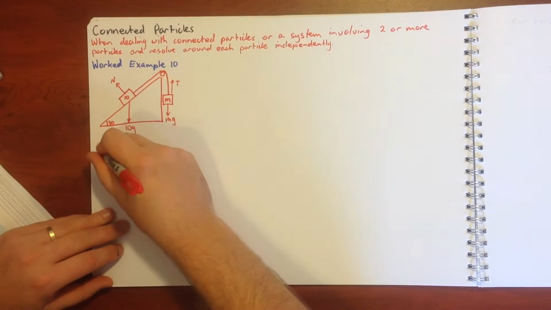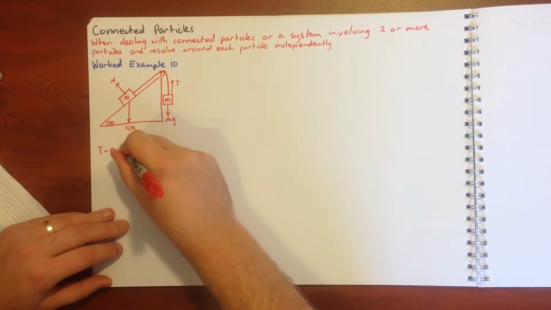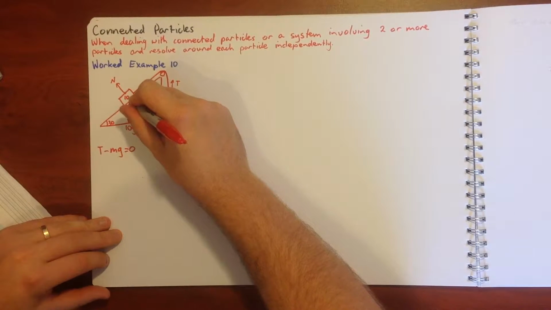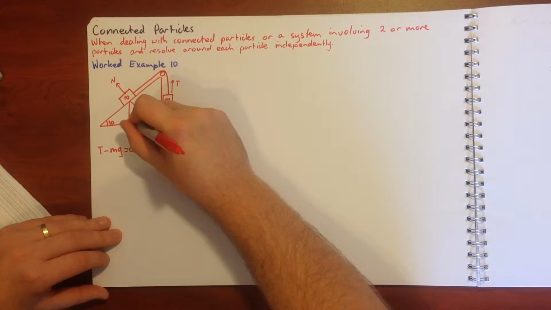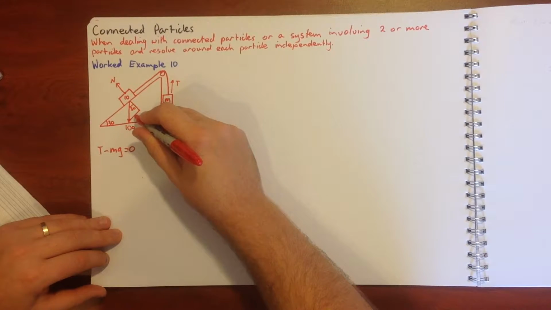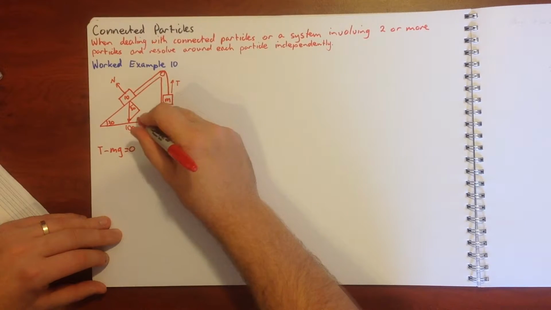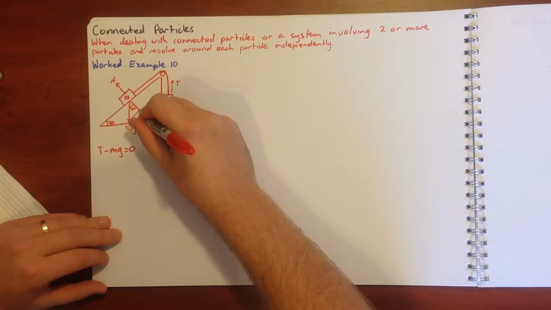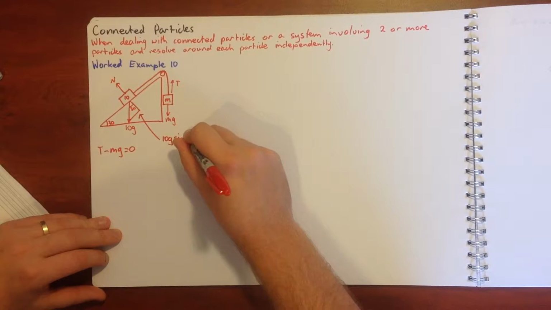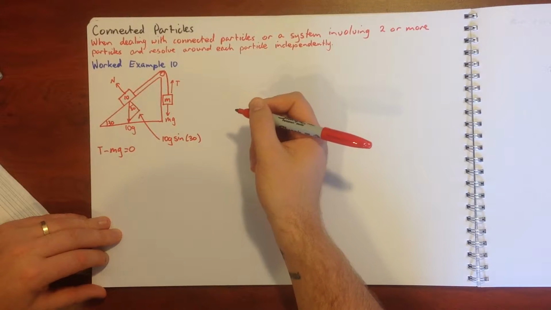So we know our tension force minus our weight force is going to equal 0. Okay, and then if we set up this part, we know that's 30 degrees again, and we're looking at this side in here. That's going to be 10g sine of 30 degrees.